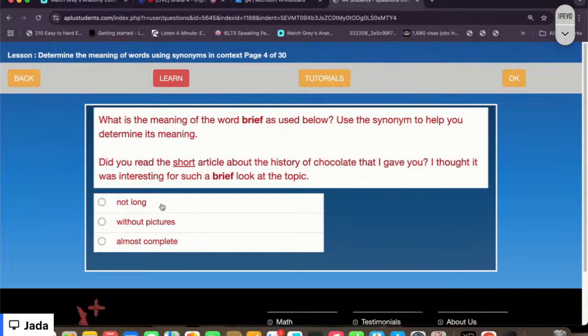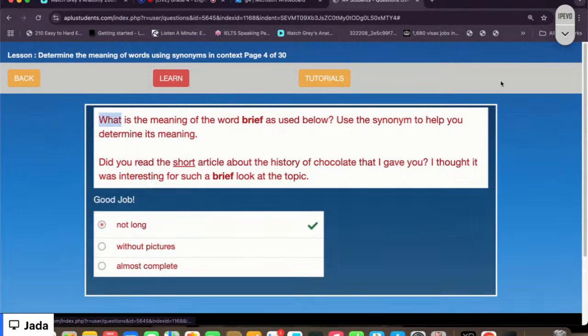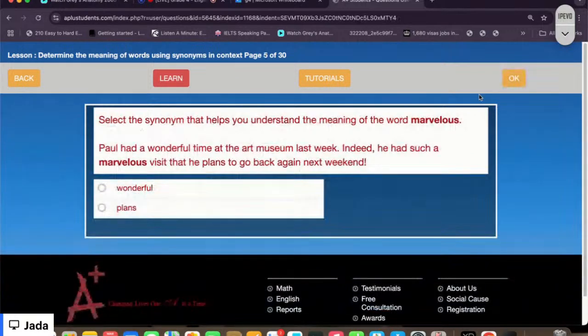So not long is also brief. Okay, something that is short is also not long.